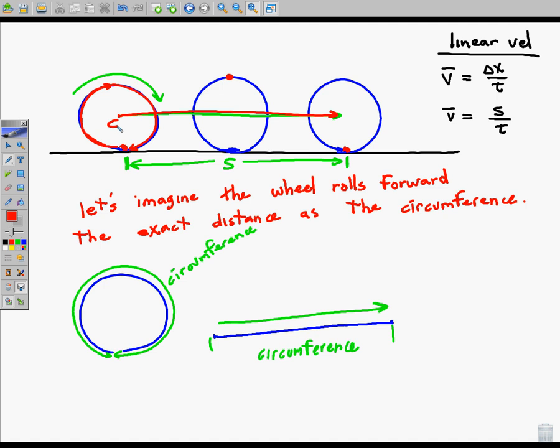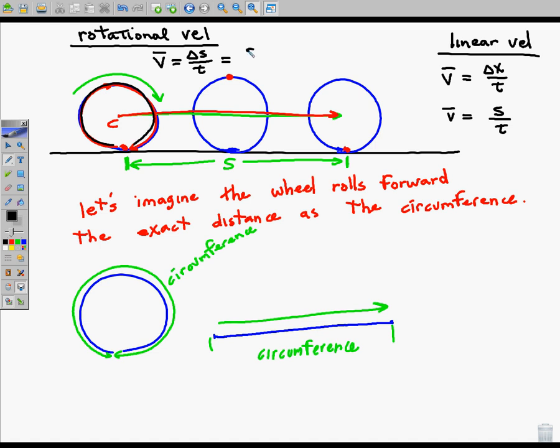Just looking at the rotating tire and neglecting the fact that it's moving down the road. Well, the rotational velocity is the change in the arc length S over the time. And basically, it went the same distance all the way around, the same distance in the same amount of time.